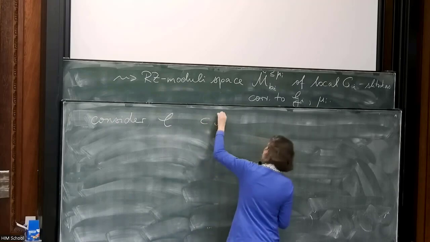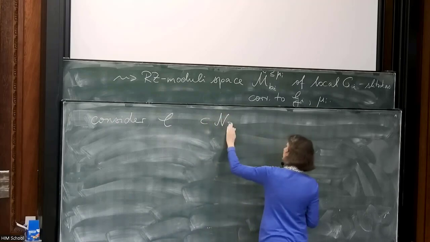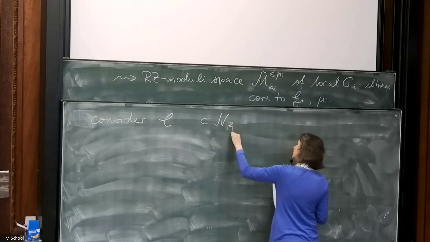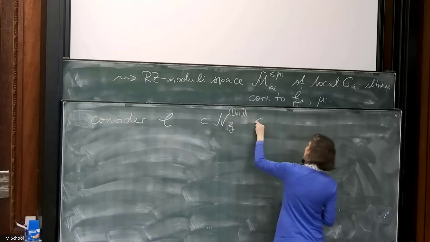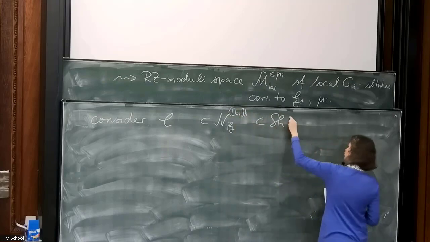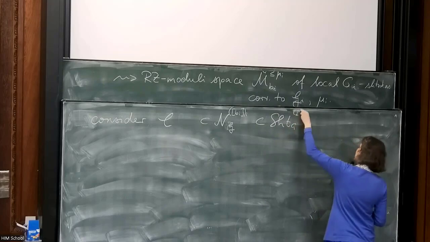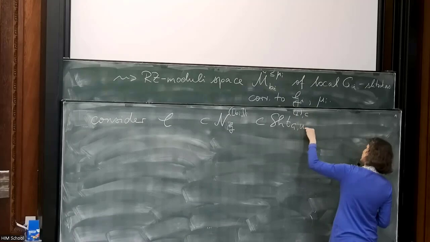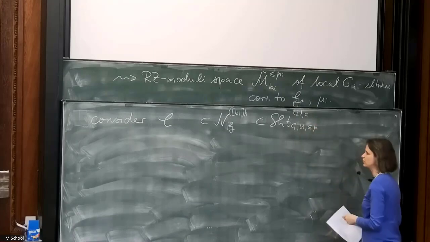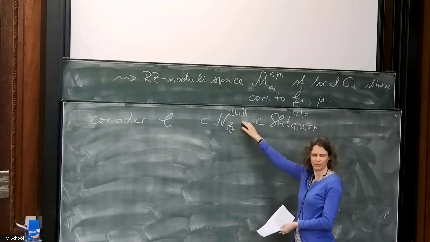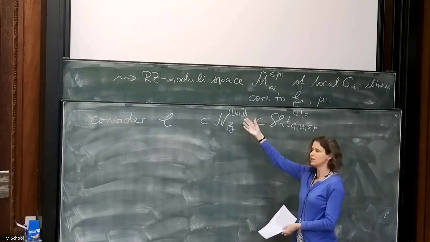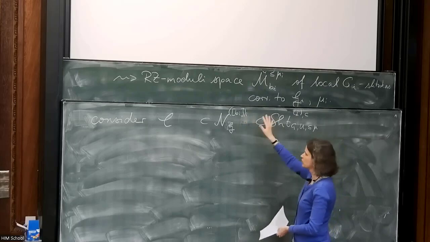So we have the Newton stratum, say, for these b_i, which is part of the global Shtukas moduli space. This was the Newton stratum, and recall here we fixed the isogeny classes or quasi-isogeny classes of the local G-Shtukas associated with the global one.